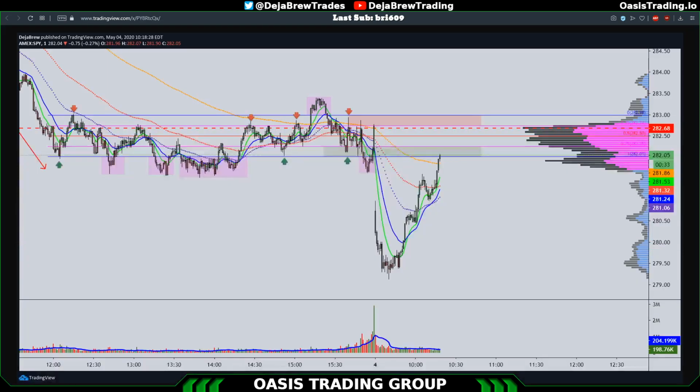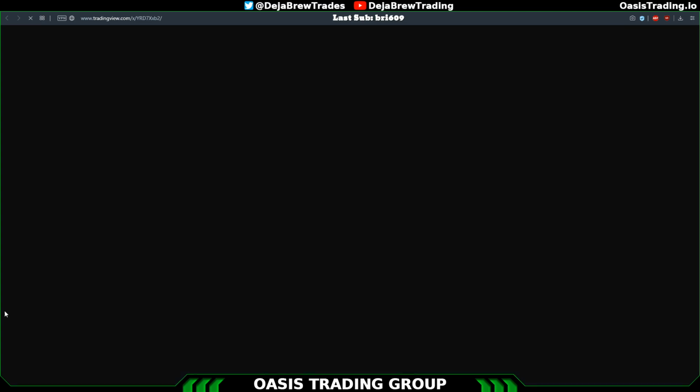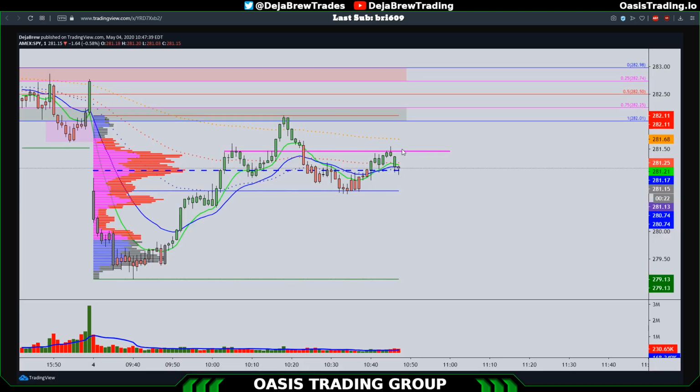So here's the very first screenshot of the day where I called out that range low. And then here is where the range began to form. So here's where that range began to form.